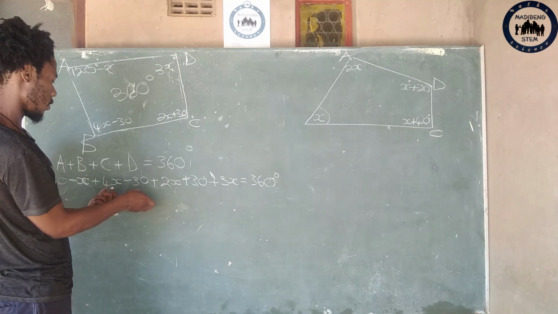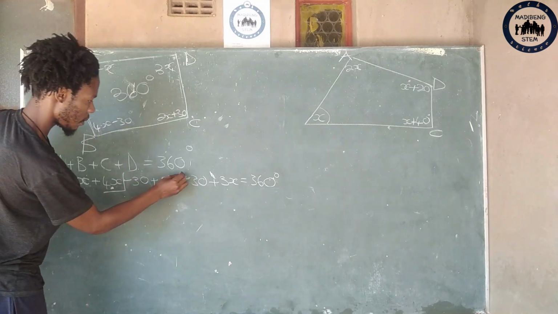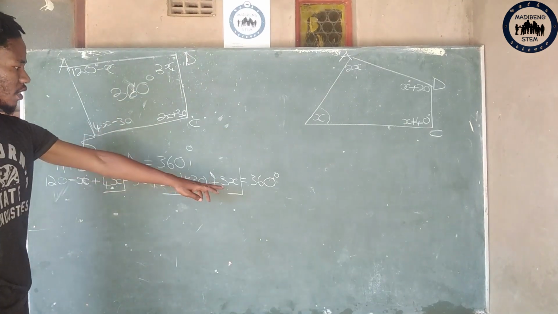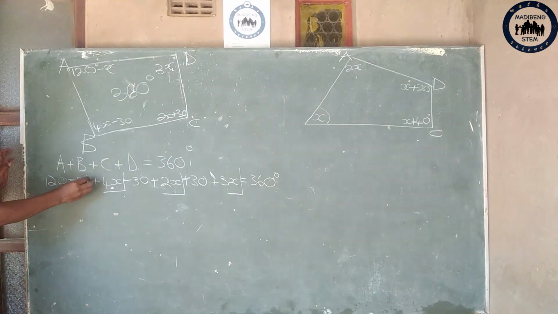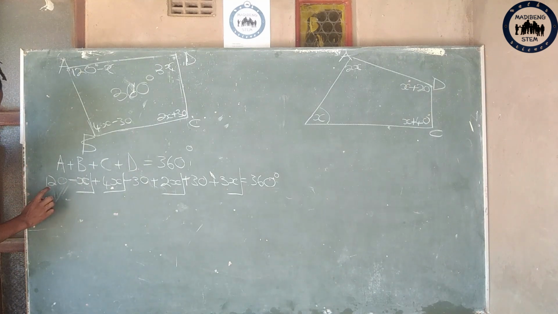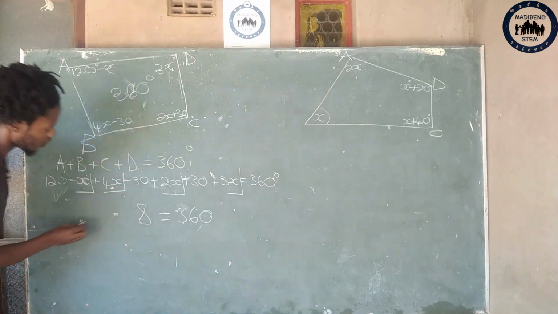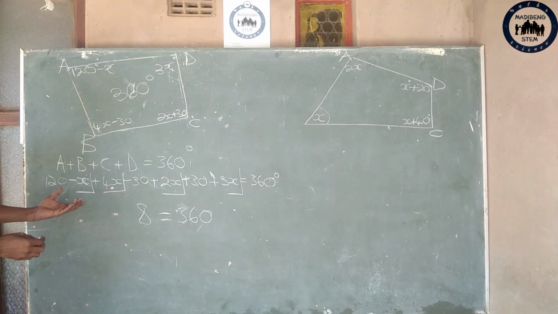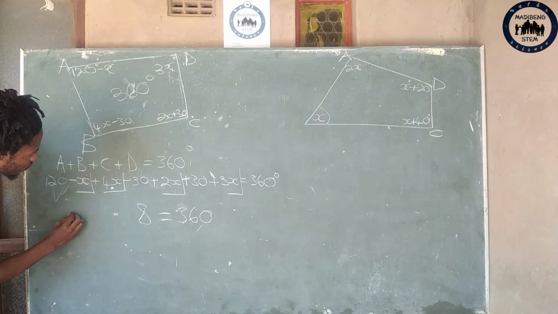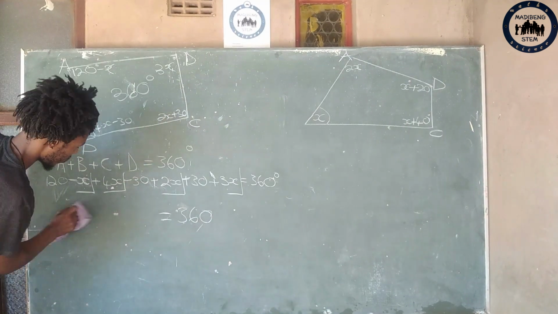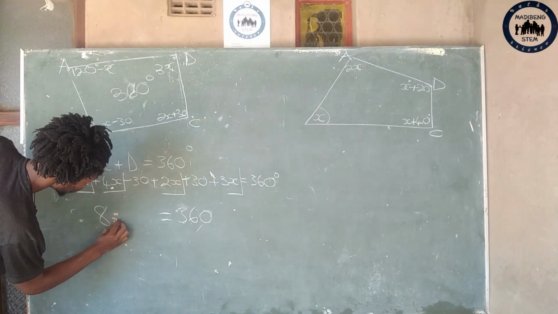It's 4 plus 2 is 6, plus 3 is 9, then minus x, so it's 8x.